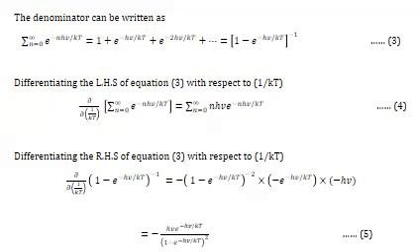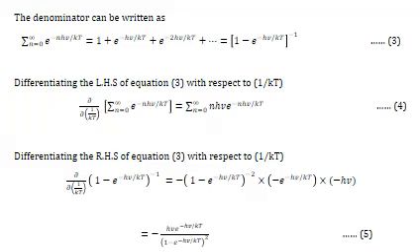Then differentiate the right side with respect to 1 by kT. If x is the term, then x power n gives n into x power n minus 1, so minus 1 becomes minus 2, and the minus sign comes for the first term.